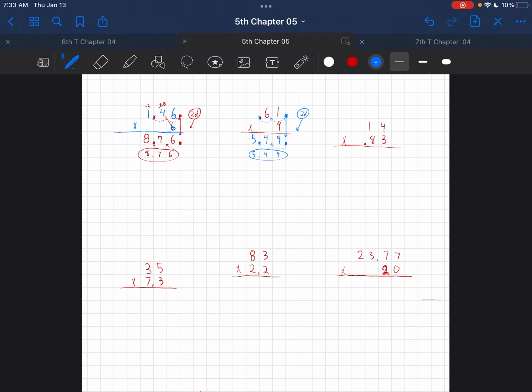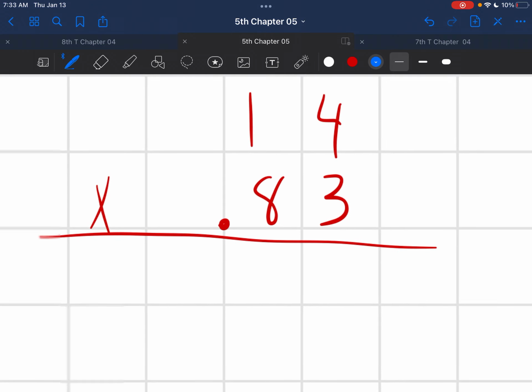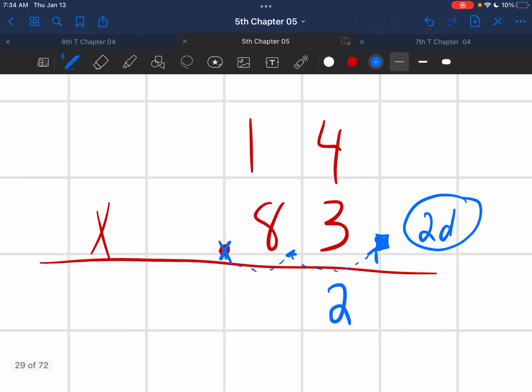Let's try another one. Let's check this one out right here. All right, here we go. Remember we said we don't like to multiply with decimals, right? So let's remove this one. That's once. That's twice. So I'm going to write 2 decimals. All right, now we just pretend like that's not there and multiply like normal. 3 times 4 is 12.